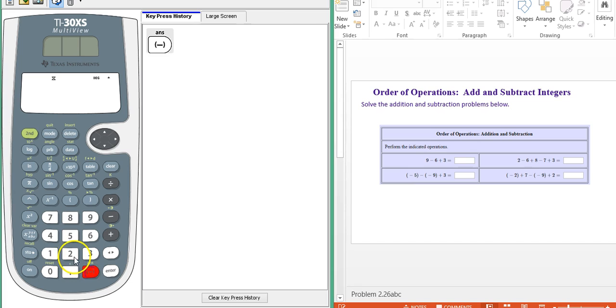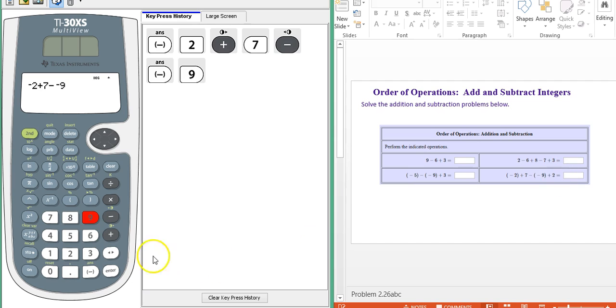So the one on the right, we have negative 2 plus 7 minus negative 9 plus 2. This does still look a little bit nicer than this, but you have your main operations, you have the negative signs, and you can double check your work. Hit enter, and the result is 16.